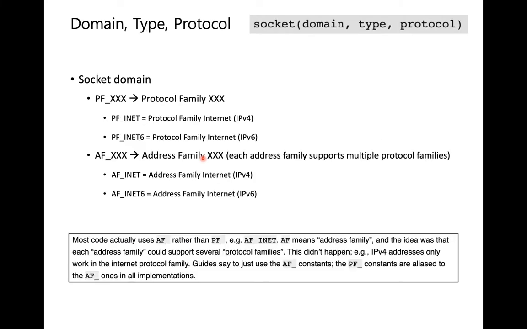The other important thing in the socket is the domain. What is domain? Domain means what kind of IP version you are using. Are you using IP version 4, or are you using IP version 6? There are two different families of IPs, either version 4 or IP version 6.